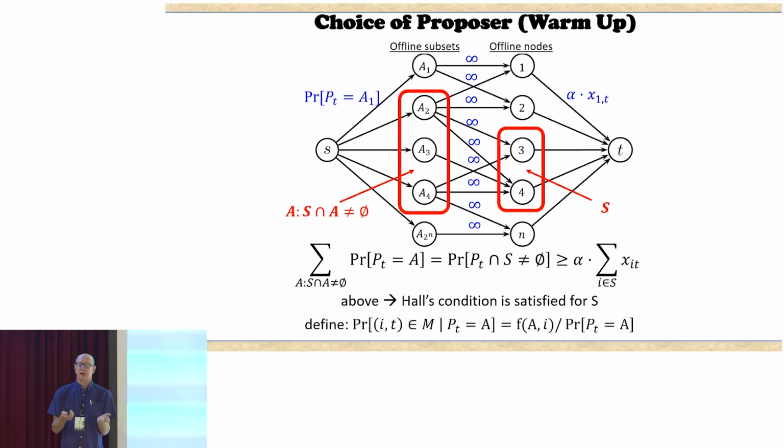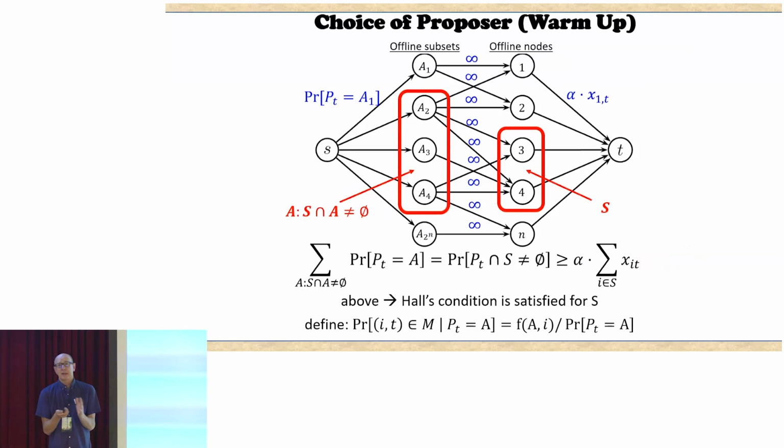And given a flow solution, we can define the conditional probability that edge (i,t) is picked to the matching, given that P_t is a specific subset A. It's just the flow from A into i, divided by this probability that P_t is equal to A. So this gives us a general procedure for picking one offline vertex for a given alpha.